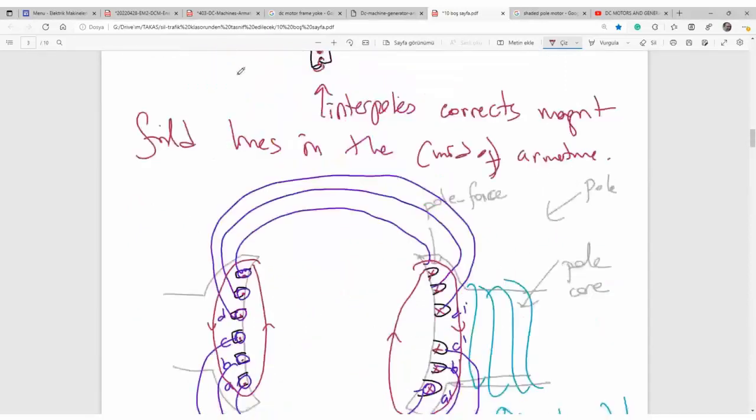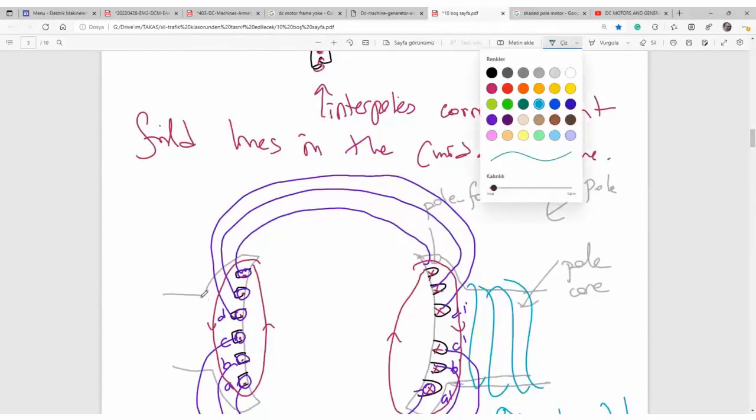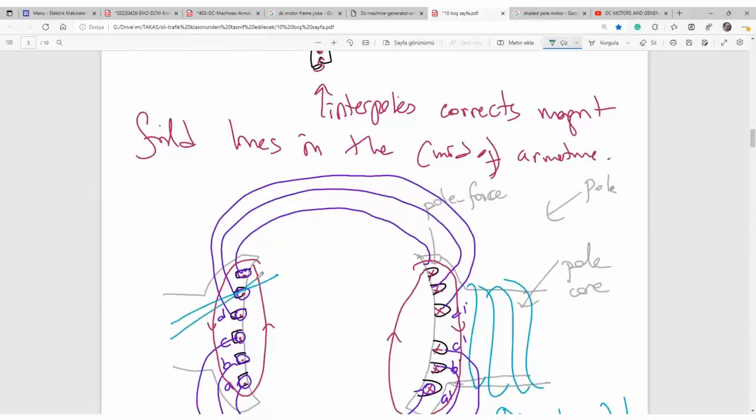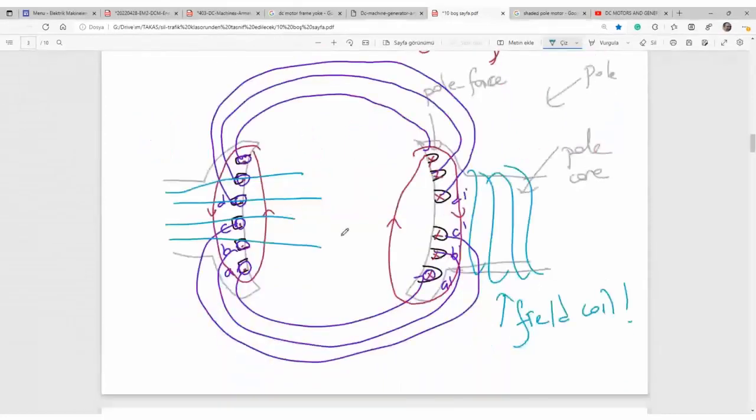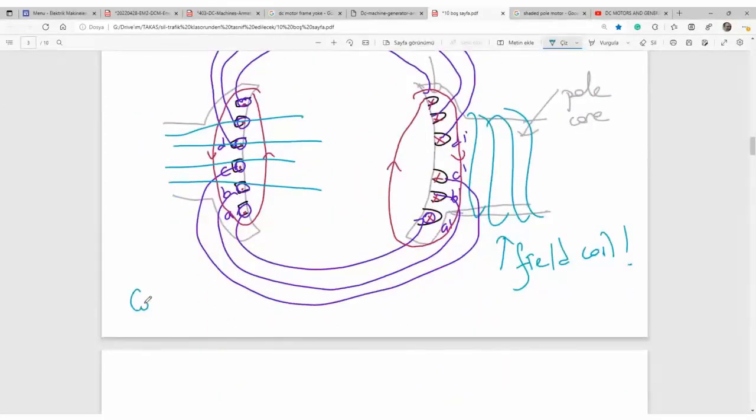So magnetic field initially, I will clean after drawing. Initially magnetic field was distorted like this, gentlemen, and then after having those winding, compensation winding, magnetic field lines will revert it to its original shape.